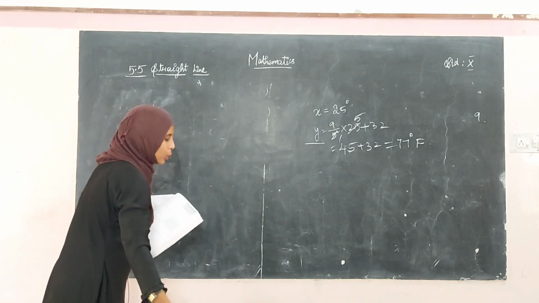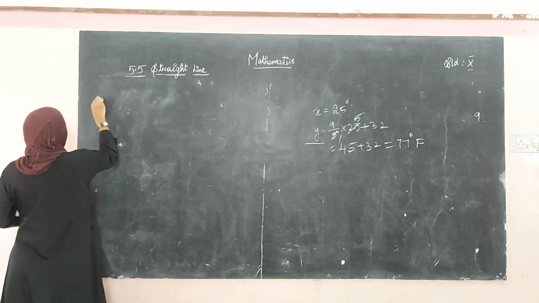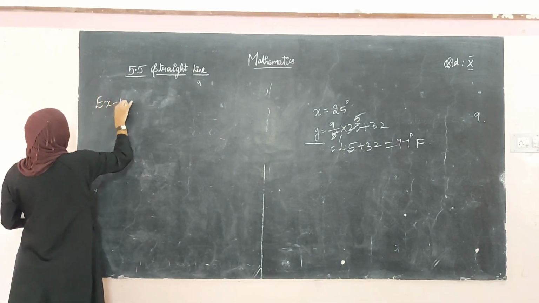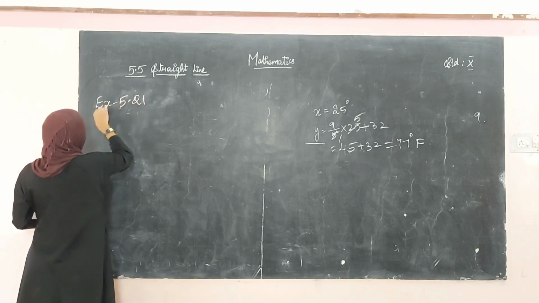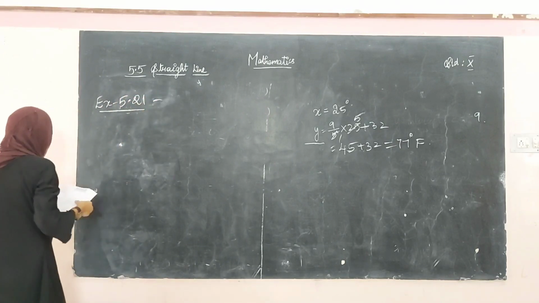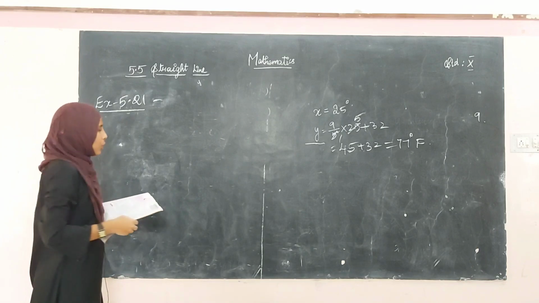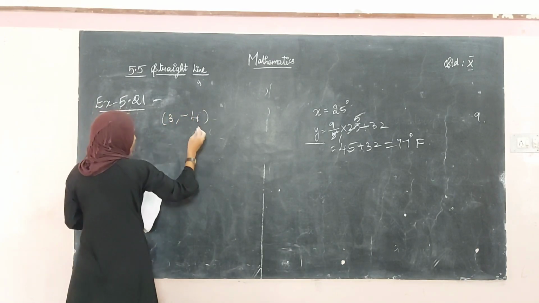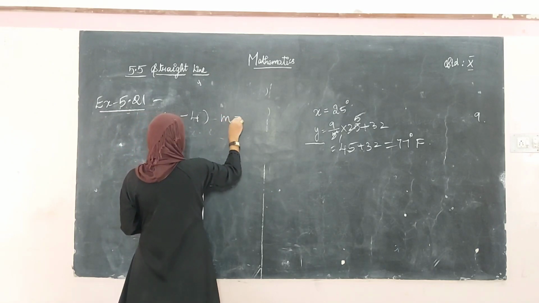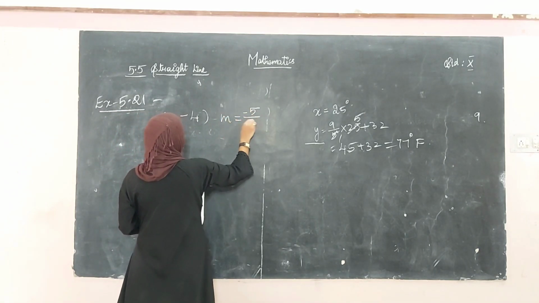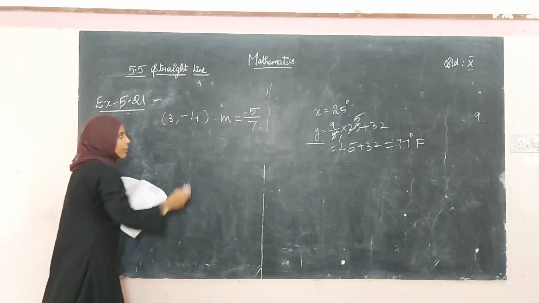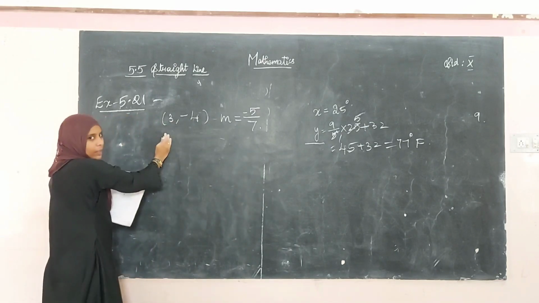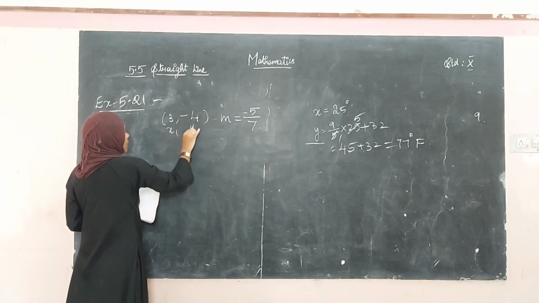Example 5.21. See the example. Find the equation of the line passing through the point 3, minus 4 and having slope, slope means m, m is equal to minus 5 divided by 7. Okay, so they have given m value and they have given the point. Point means you have to take it as x1, y1.